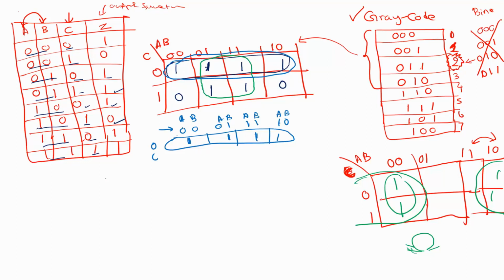Here when we have a horizontal set of ones, A has different values, right? First two columns have 0 and third and fourth columns have 1. එතන පළවෙනි දෙවෙනි columns ගත්තාම A වල value එක 0 තියෙනවා. ඊට පස්සේ තුන්වෙනි සහ හතරවෙනි column එක ගත්තාම A වල value 1 තියෙනවා.